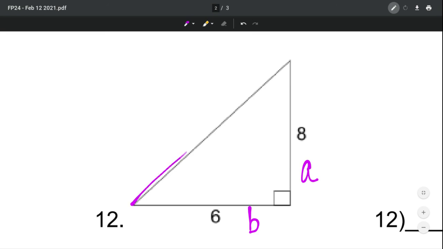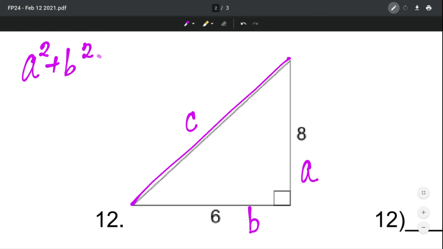And the longer side's called the hippopotamus. No, it's not. The hypotenuse. And he calls that C. So he came up with this. Every time you have a right triangle like that and you want to find a missing side, he figured out a squared plus b squared equals c squared. And so we can just substitute in values and then solve.